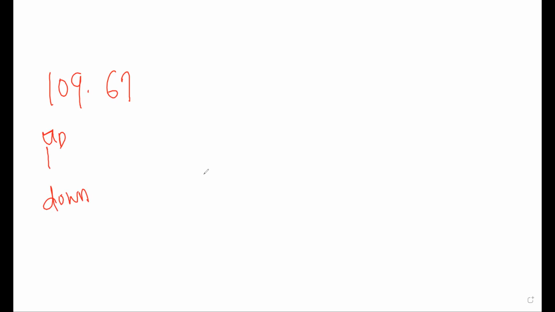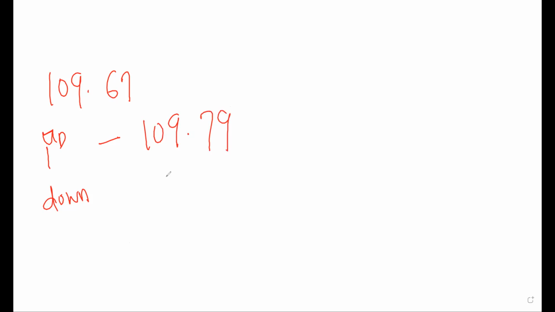Who else? I can see your responses, guys. Who else? A 12 pip move to the upside, what would that be? A 12 pip move to the upside will be 67 plus 12. That will be what? 79.